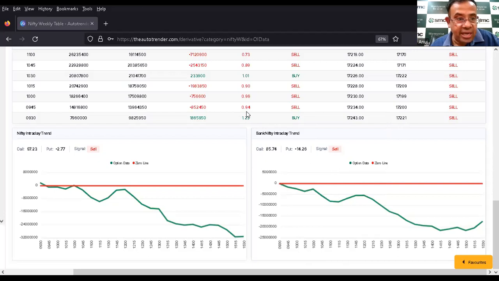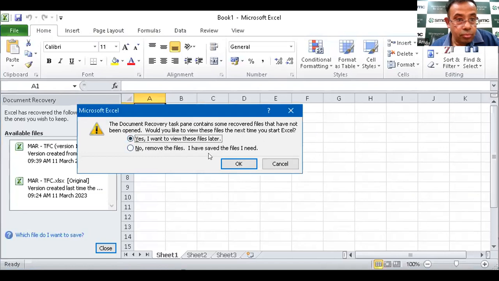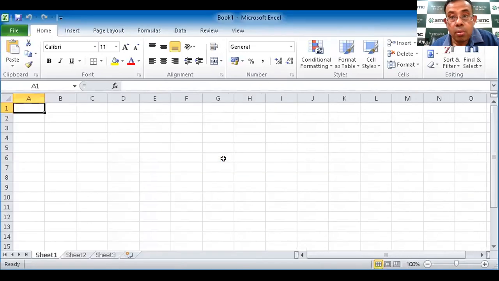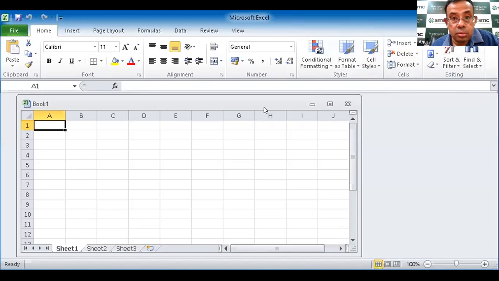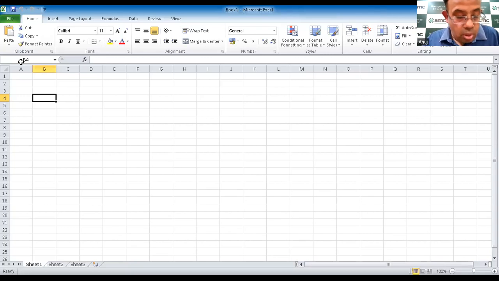I'll quickly share the Excel workbook. Here you can see, you have to analyze the PCR to make sure you understand the market movement.